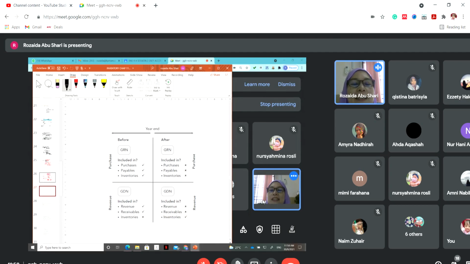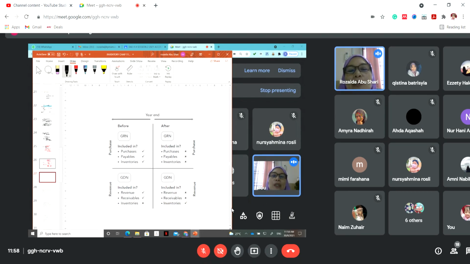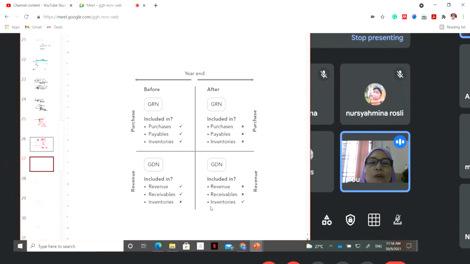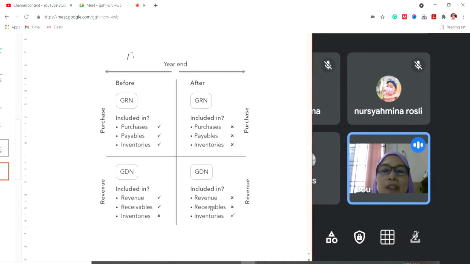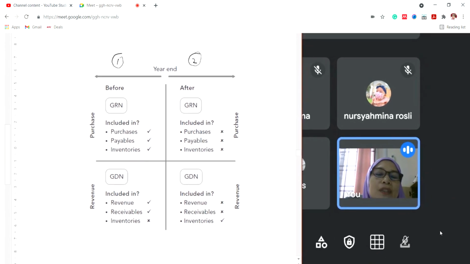So this is the summary of what we discussed just now. So this is year end, before and after. So this is situation 1 and this is situation 2, as I said just now. GRN, for the goods received, for the purchase, included in purchases, yes. Payable, yes. Inventory, yes.